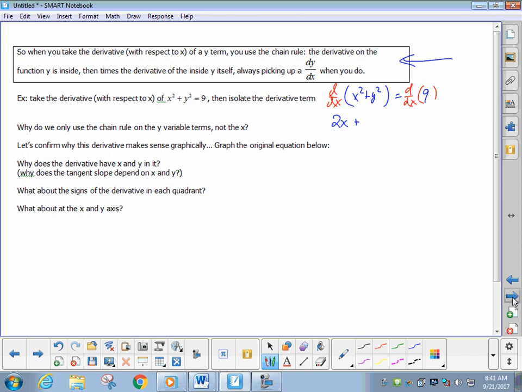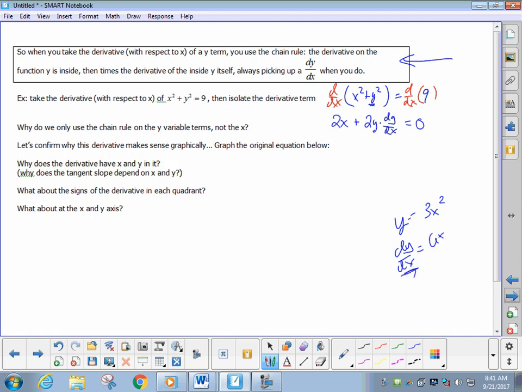So the derivative of y squared is 2y for the derivative of the outside, and then the chain rule for the inside, the derivative of y itself is dy/dx. The derivative of the constant on the right is just 0, as always.